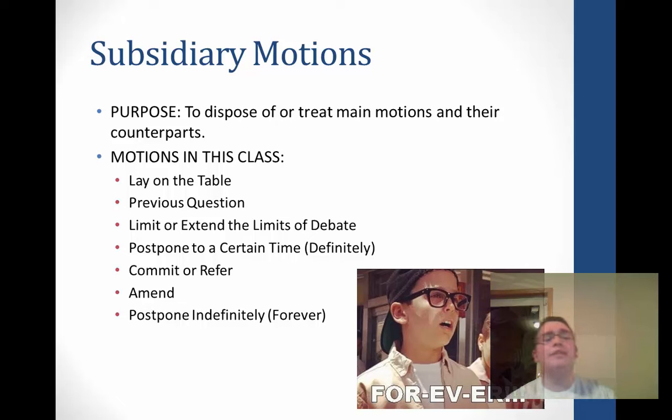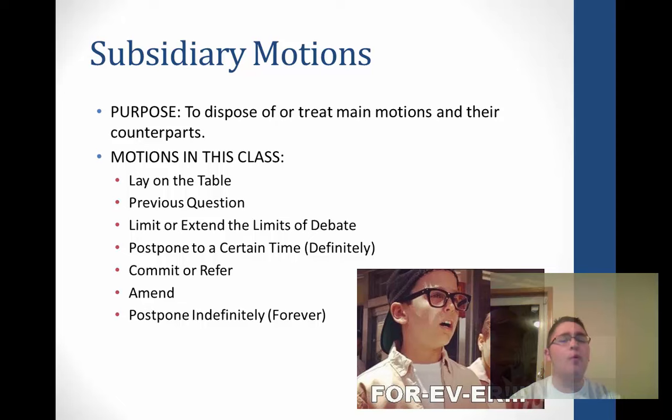So usually most assemblies only allow a member to speak for 10 minutes up to 2 times per motion per day. So if you feel that there should be people who have the opportunity to speak as many times as they want, you can remove the limits of debate and let people talk as freely as they would like. Or on the counterpart, you can limit, so somebody can only talk 1 time per motion.